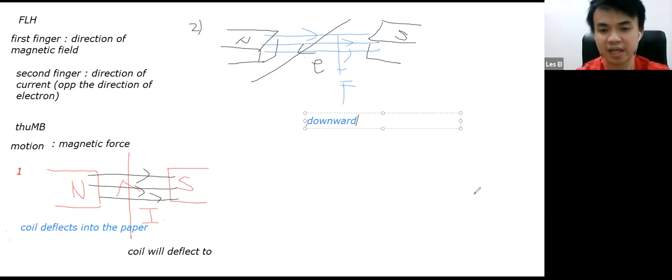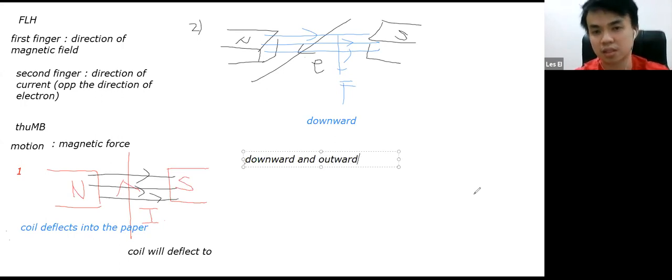I have met cases where students have difficulties interpreting downward and outward. What is the law that we stated just now, the one that you took a photo of?